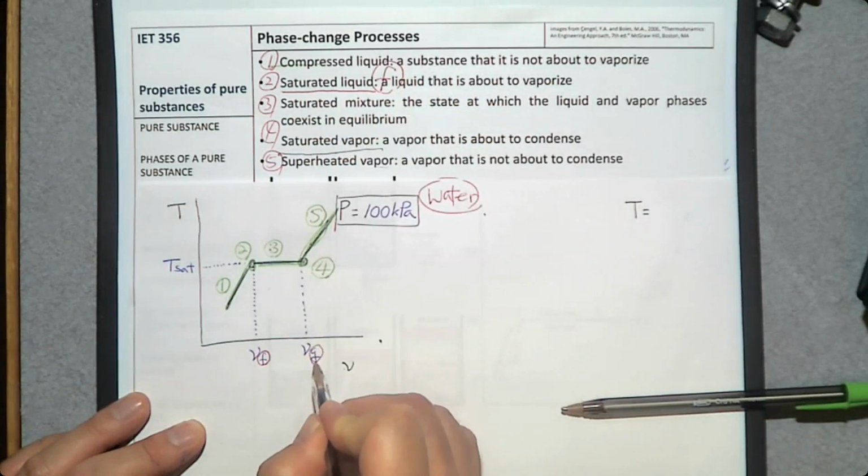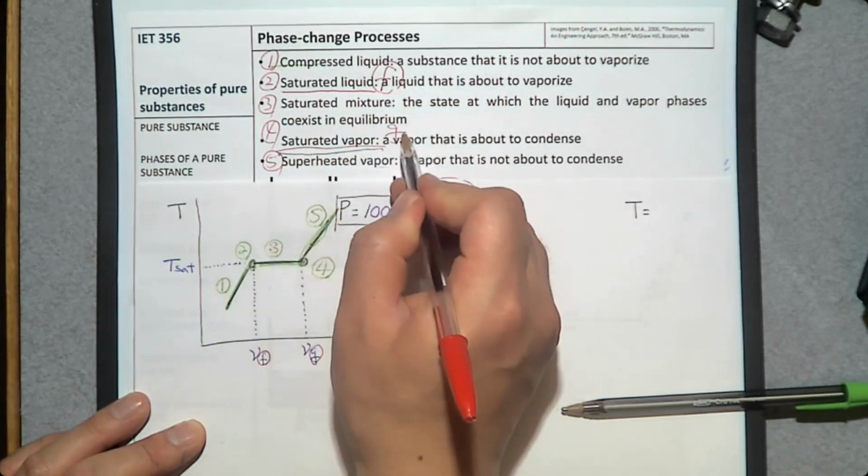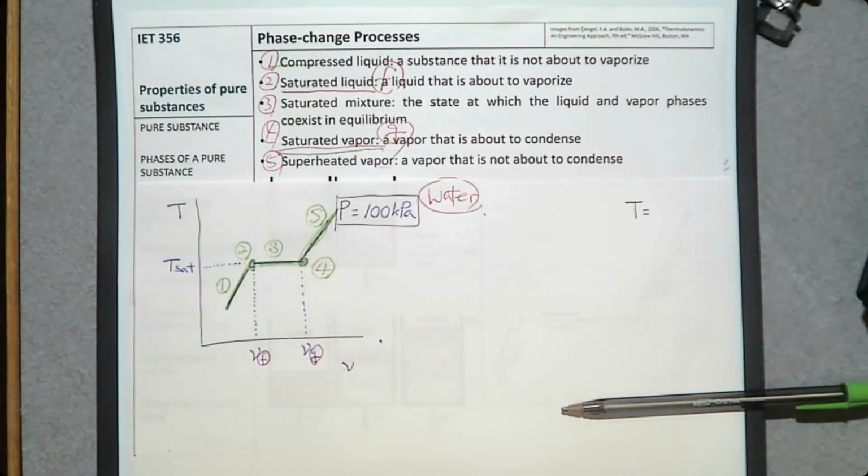This g represents saturated vapor, that is g. So v is the specific volume, vf is the specific volume of saturated liquid, vg is the specific volume of saturated vapor. So that's how we make a T-v diagram.